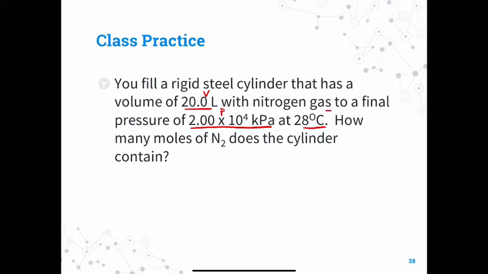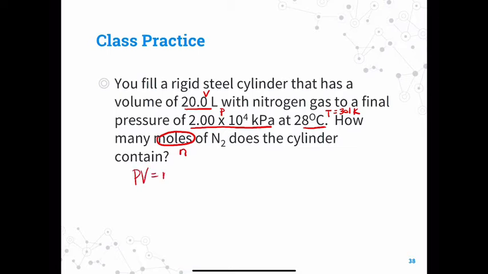So that's going to be our temperature, but we're going to have to convert it to Kelvin. So 28 plus 273 is 301 Kelvin, okay? And the question asks us how many moles of N2 does the cylinder contain? So moles is n, so that's what I'm trying to find.